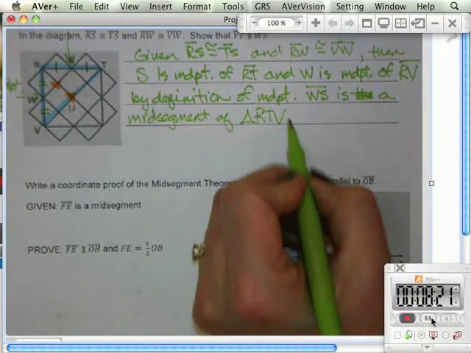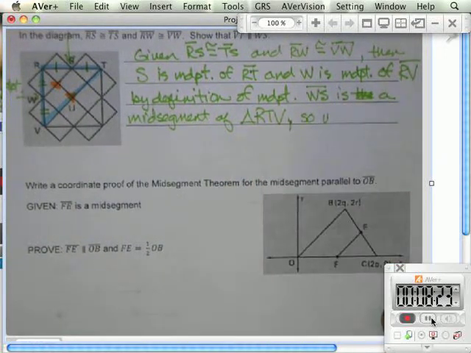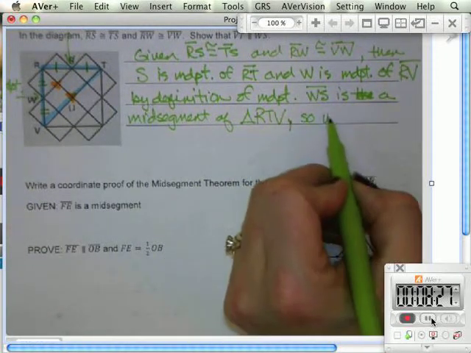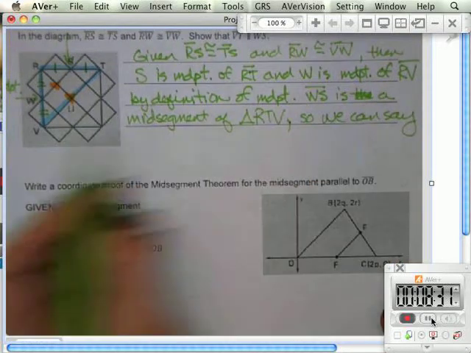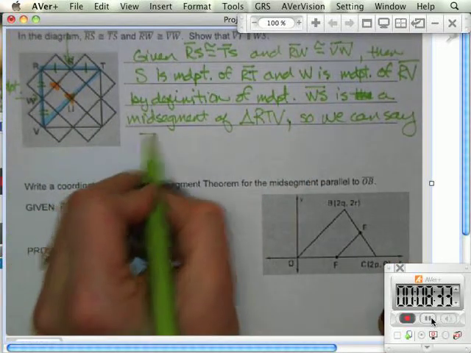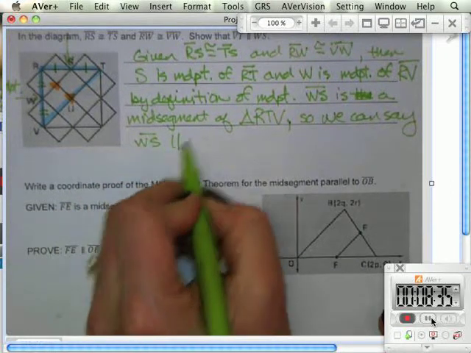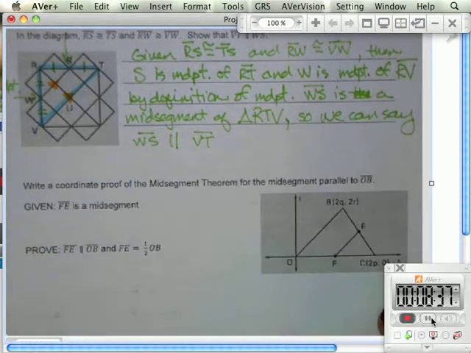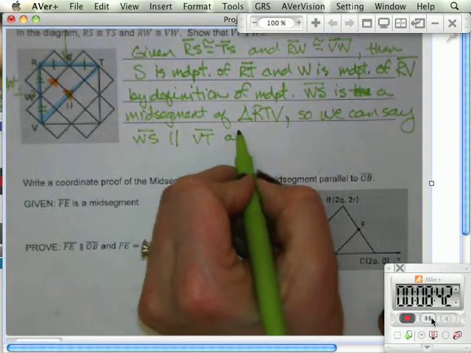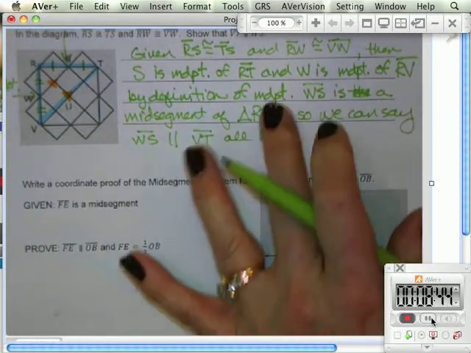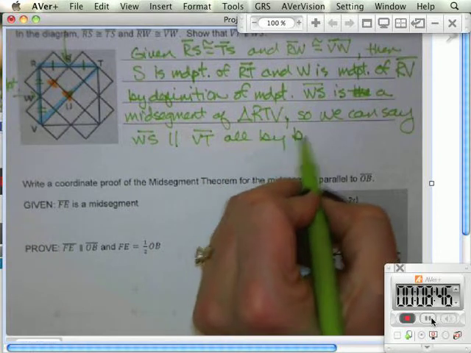So, wait, I have to put a reason. Oh, I'll get to the reason in the second statement here. So we can say that WS is parallel to VT, meaning both of these things, by the mid-segment theorem.